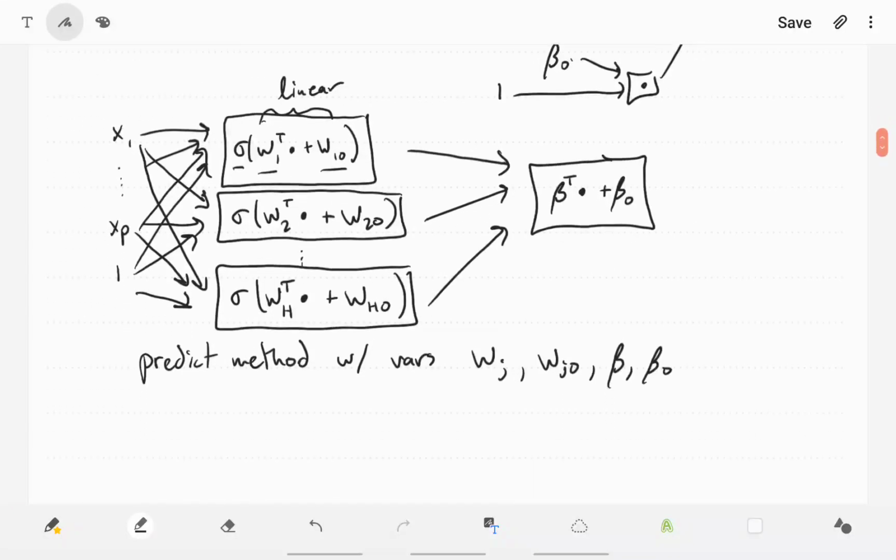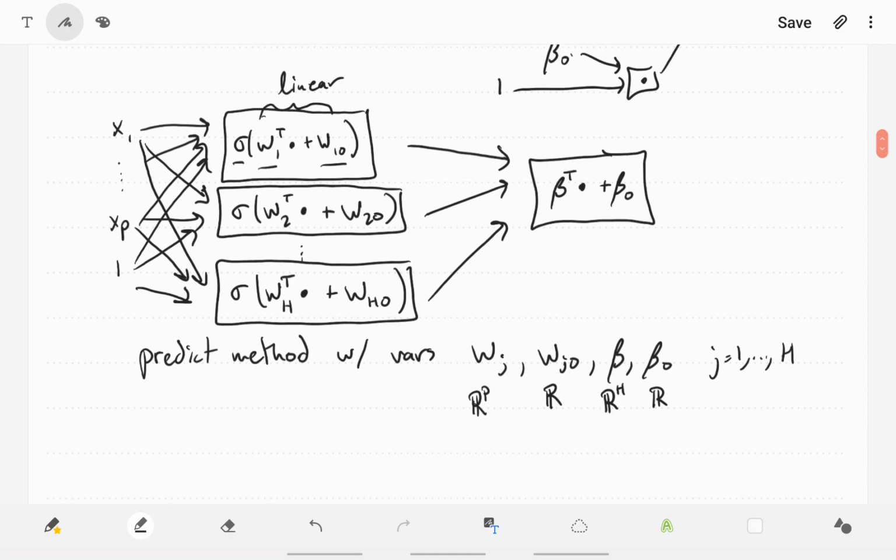So these wj are vectors in Rp, and j goes from 1 up to capital H. And beta is in R capital H, and beta naught is in R, and wj naught is also in R. So we have these trainable variables for this function.